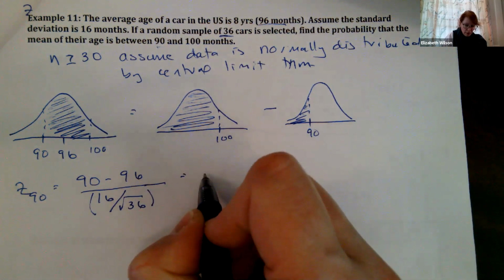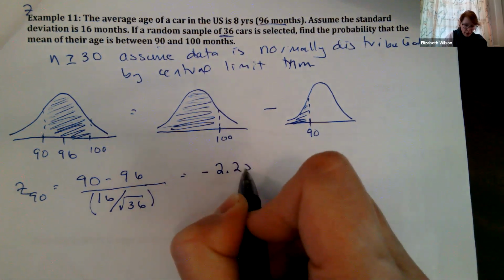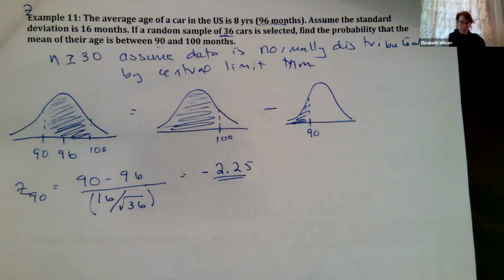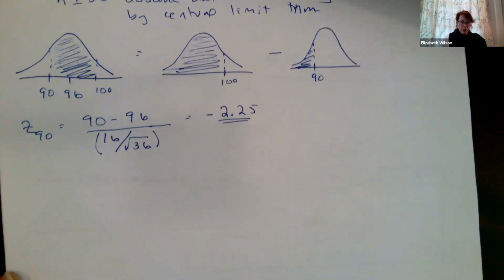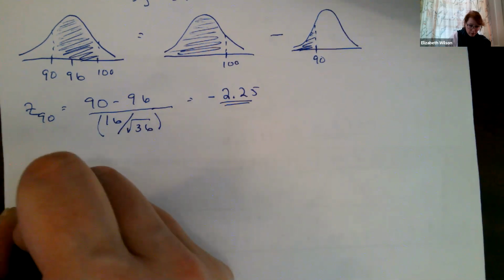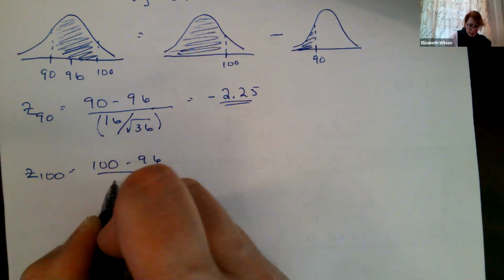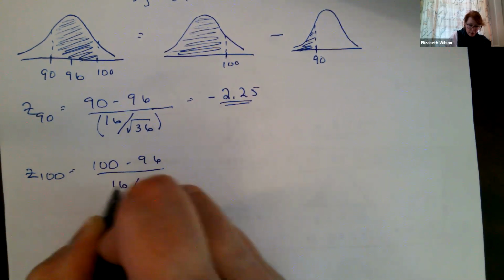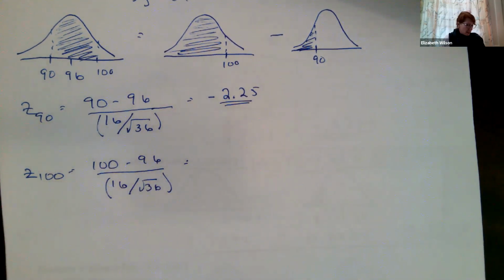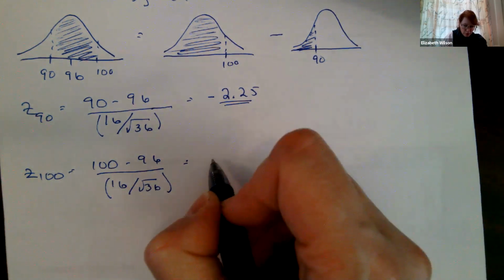And this gives me a z-value of minus 2.25. Let's do it again for 100. I'm going to go 100 minus 96, over 16 divided by radical 36. I'll put those in parentheses to keep us honest. And that's going to give us the z-value of 1.5.